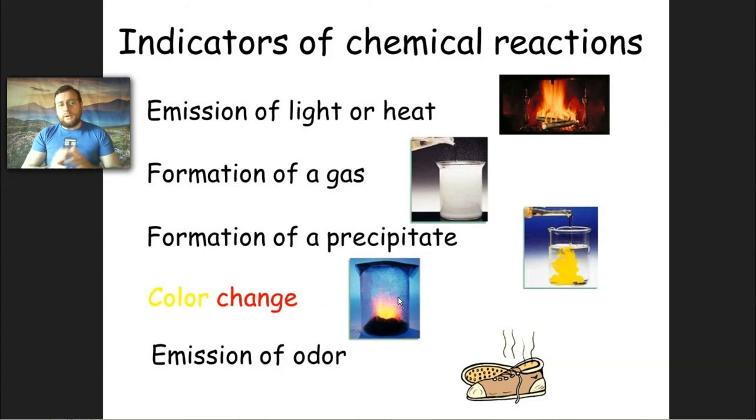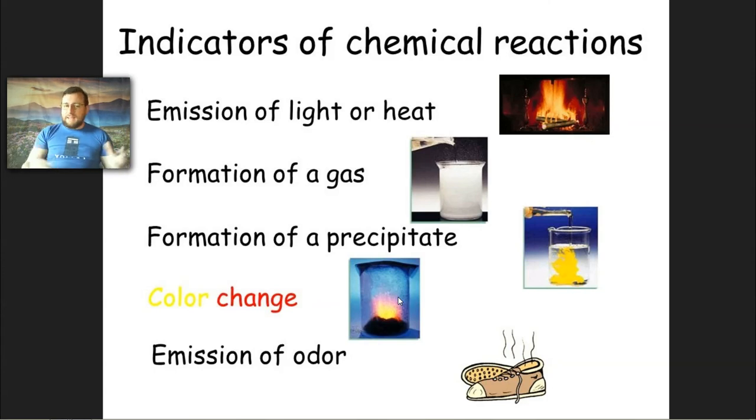Now, it's important to note that all of these things by themselves are not enough to tell you that it is a chemical reaction. After all, we can flip a light switch and a light will go on, and that's not necessarily a chemical reaction taking place, but it is production of light. You can form a gas by evaporating water, and that's not necessarily a chemical reaction. A precipitate can form when a substance is supersaturated, and you put in just one more drop of salt, and all of a sudden, a lot of the salt falls out of solution.